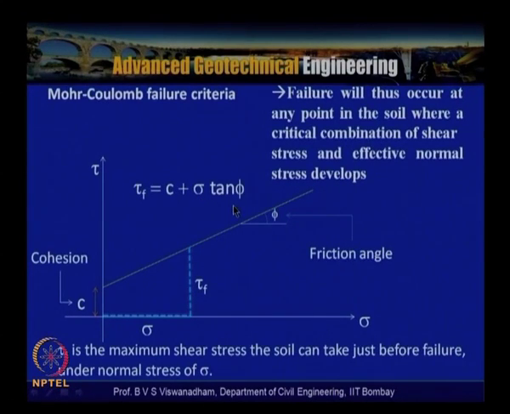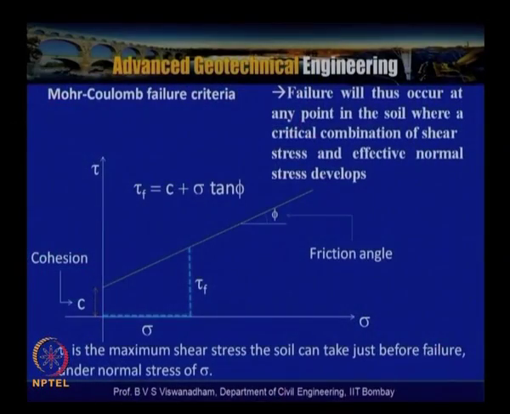So failure will occur at any point in the soil where a critical combination of shear stress and effective normal stress develops. Tau f is the maximum shear stress the soil can take just before failure under normal stress sigma.